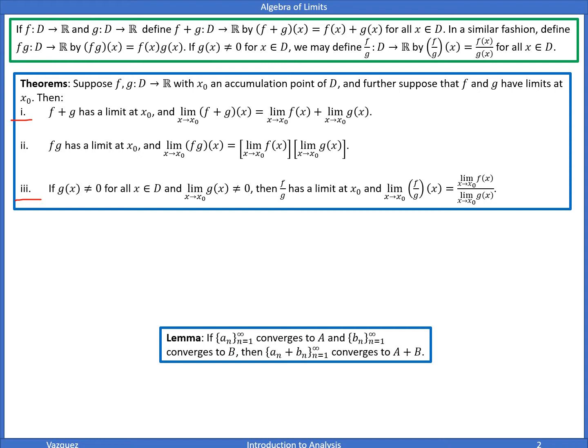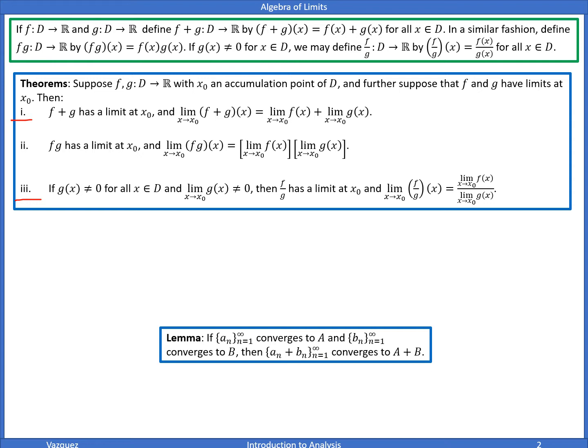This lemma we've already seen before, again from section 1.3, that says if a sub n converges to a and b sub n converges to b, then the sum of the sequences converges to the sum of their limit points.